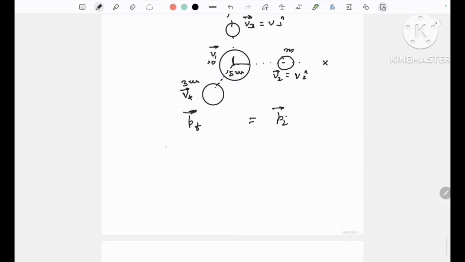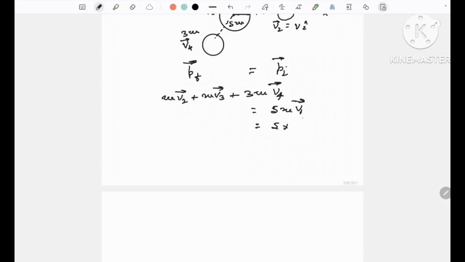P final is m v2 plus m v3 plus 3m v4, and this will be equal to 5m v1.